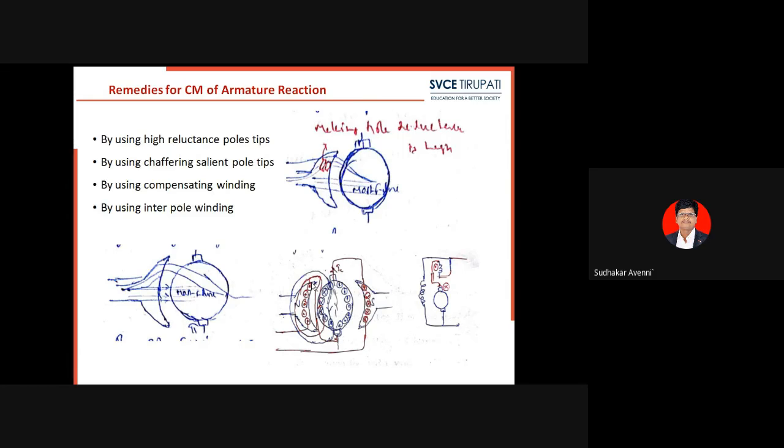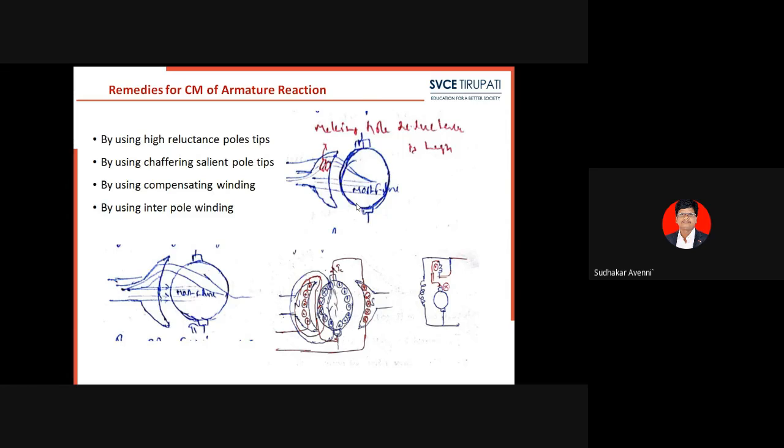Next, the last point, by using interpole winding, we can reduce the cross magnetization effect as well as the demagnetization effect. The interpoles nullify the cross flux along with the cross magnetization.